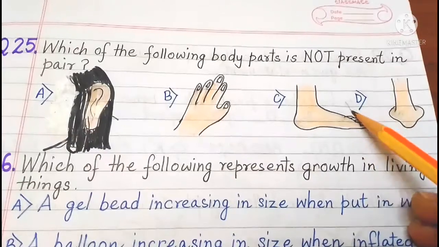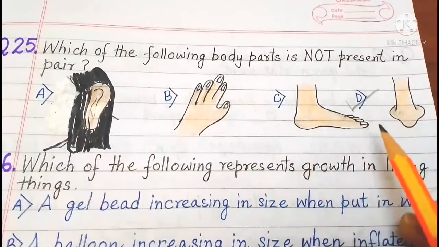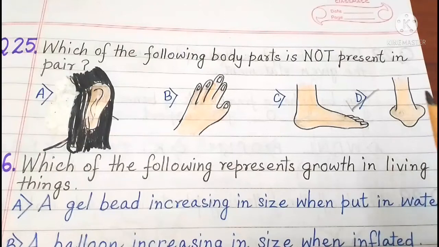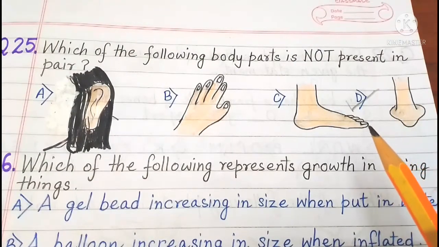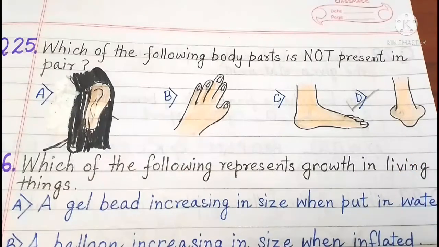So let's go with this option. This has no pair. But remember that nostrils are two. They are in pairs. Nostrils are the holes through which we inhale or breathe in and breathe out. These two holes present on our nose are called nostrils. So nostrils are two, but nose is one.